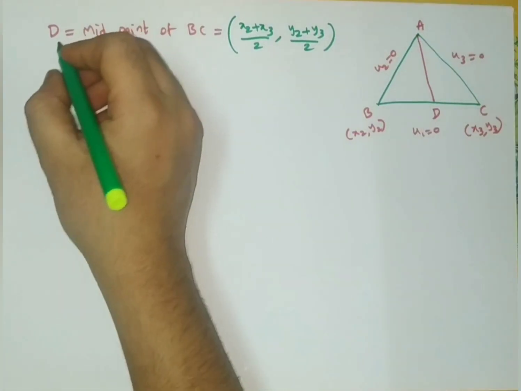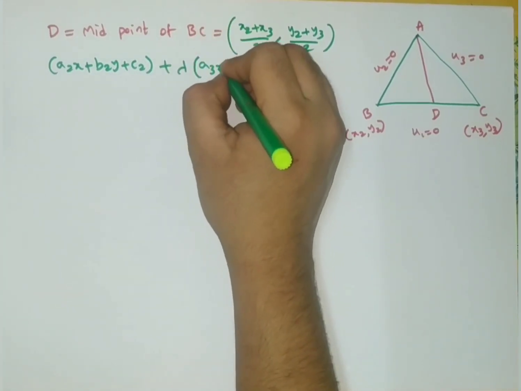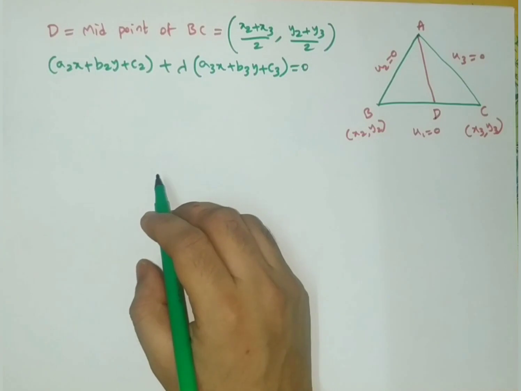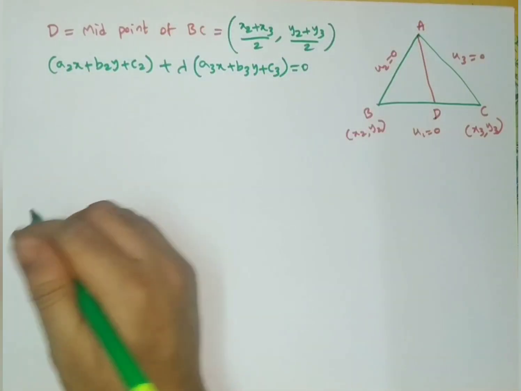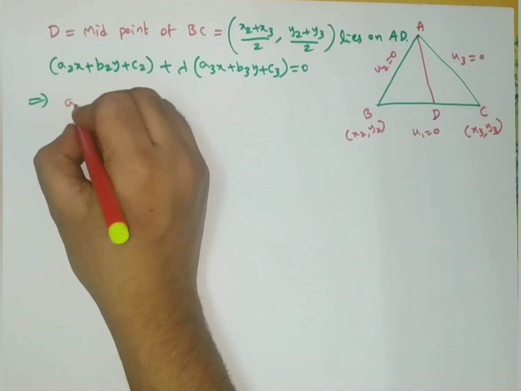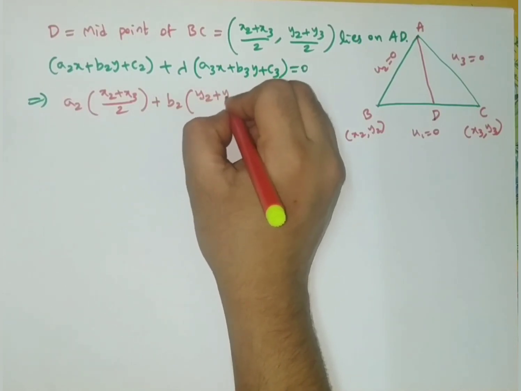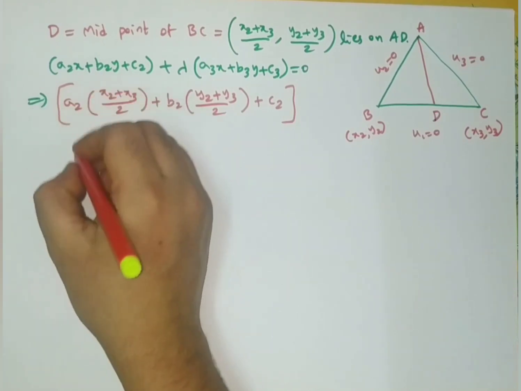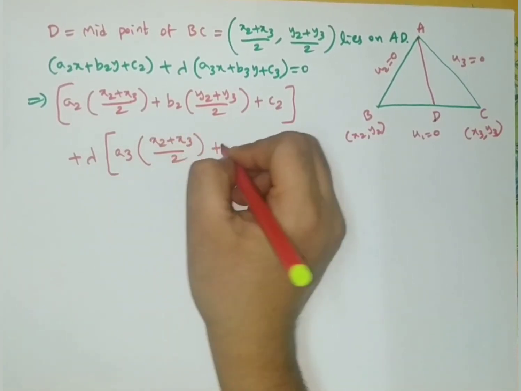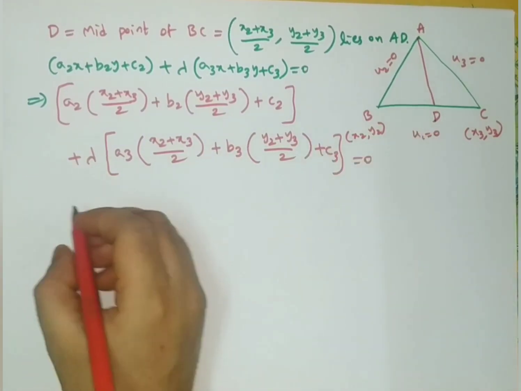We got the equation AD as a2x + b2y + c2 + λ(a3x + b3y + c3) = 0. Since D lies on AD, substituting these values: a2(x2 + x3)/2 + b2(y2 + y3)/2 + c2 + λ[a3(x2 + x3)/2 + b3(y2 + y3)/2 + c3] = 0. By simplifying this, what we will get?